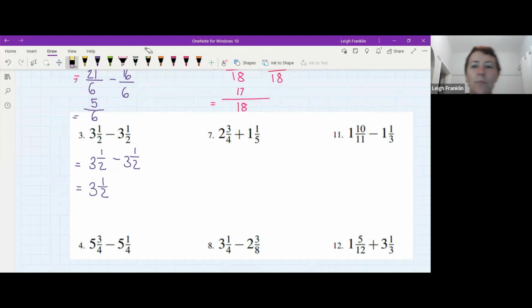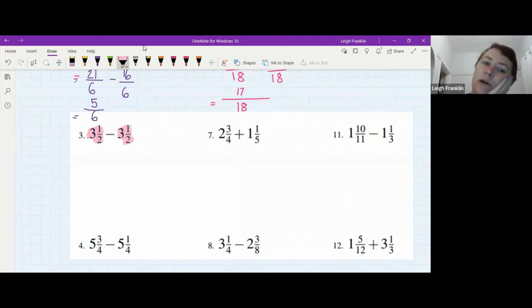But Rachel, before you get started on this question, what do you notice about both the fractions? They are the same, absolutely. So in maths, when we subtract something from itself, what do we always end up with as an answer? If I say 5 minus 5, what am I going to get? 0.